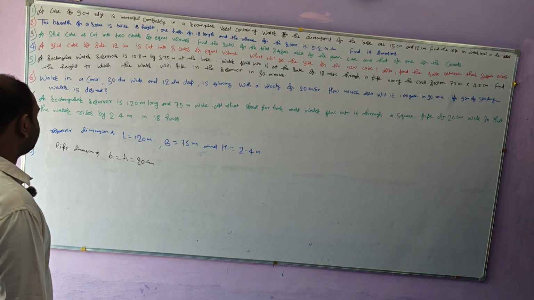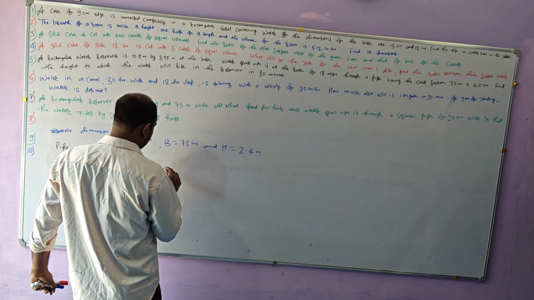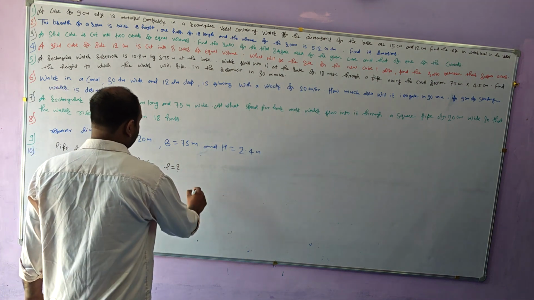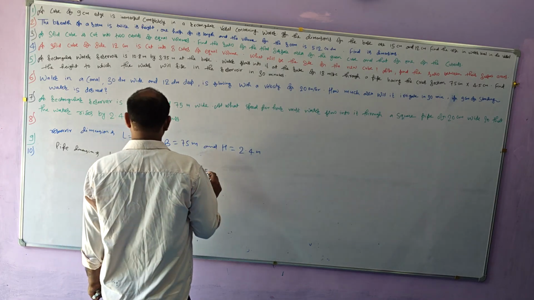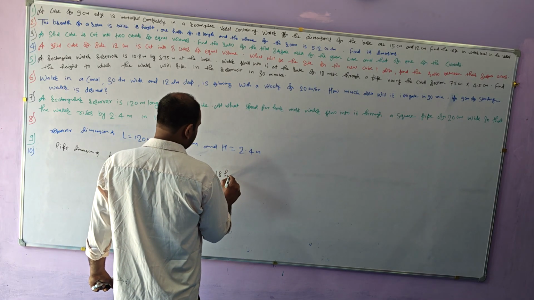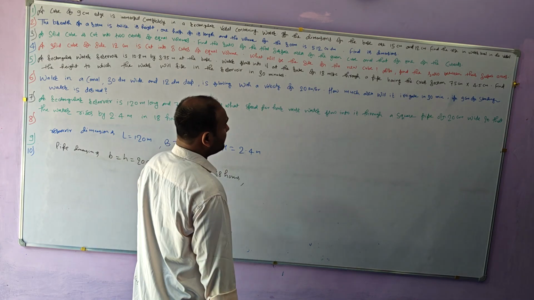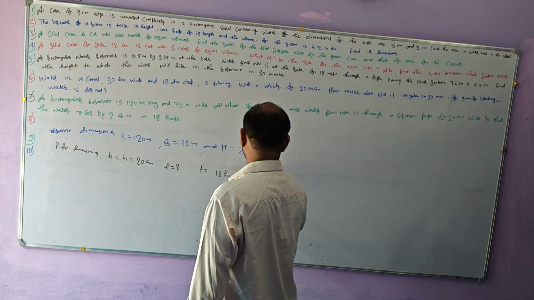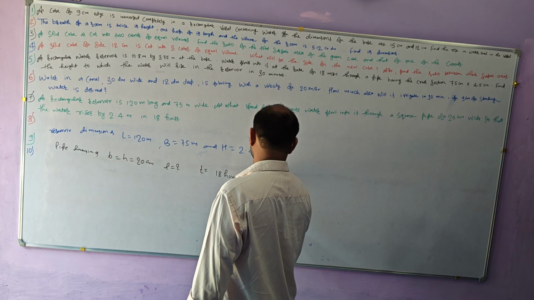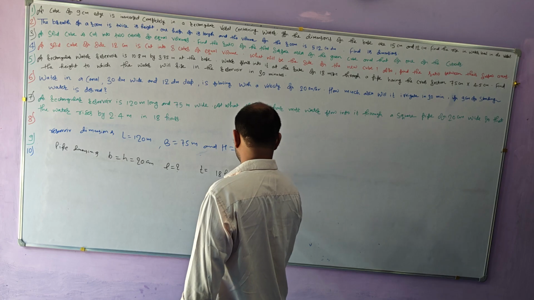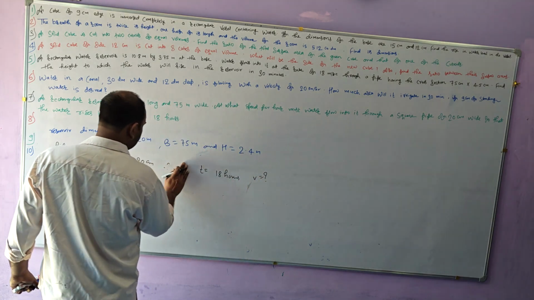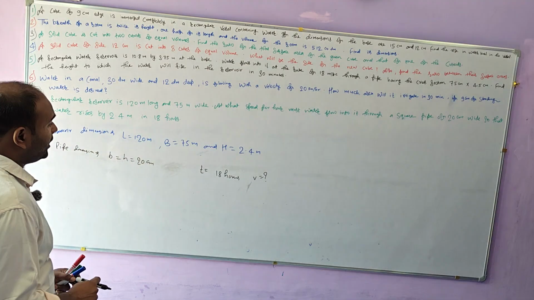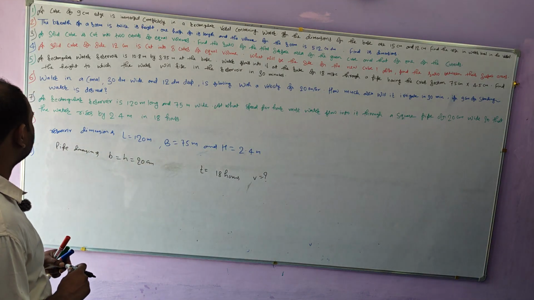There is no L, and we have T given as 18 hours and its speed, and we need to find out V is equal to what. Here we don't need to find L. Here we need to find V.